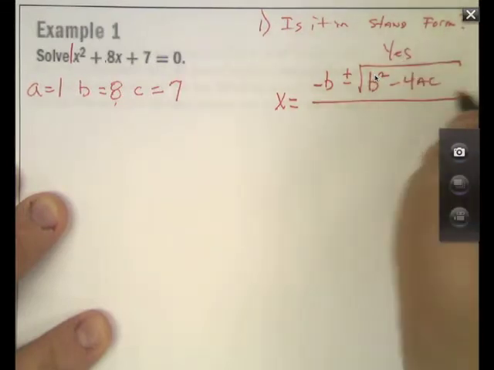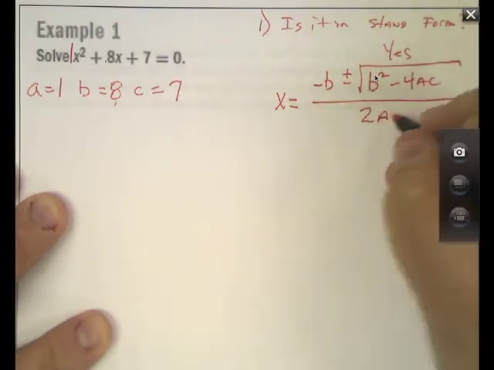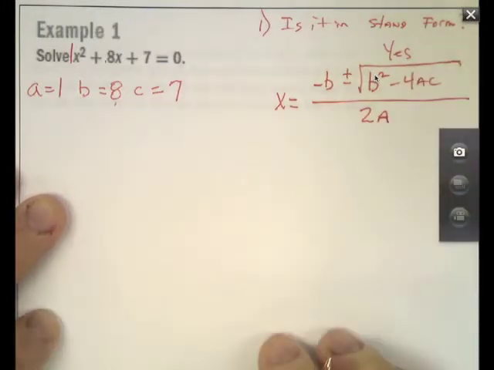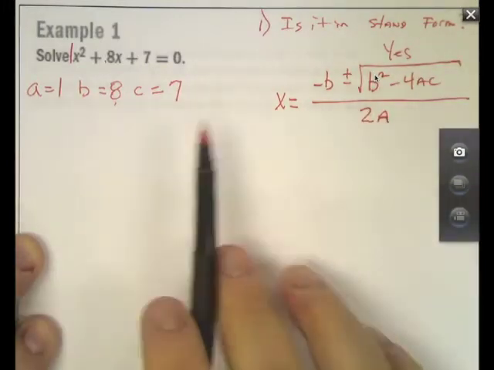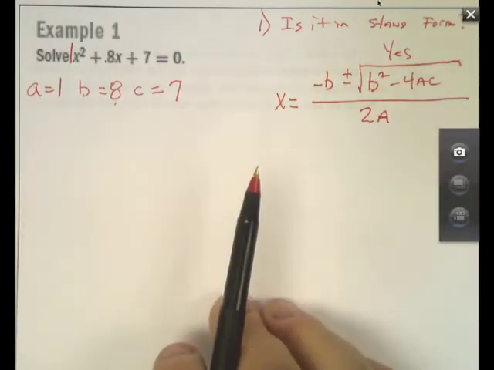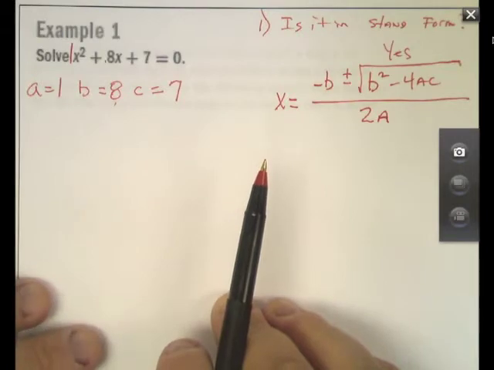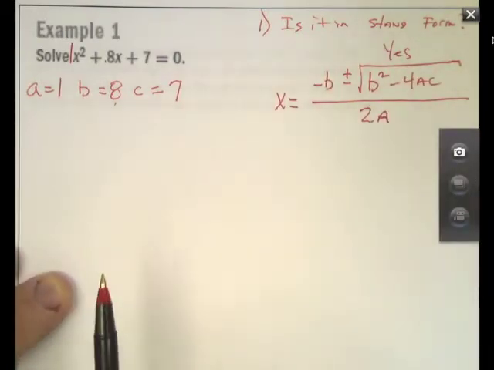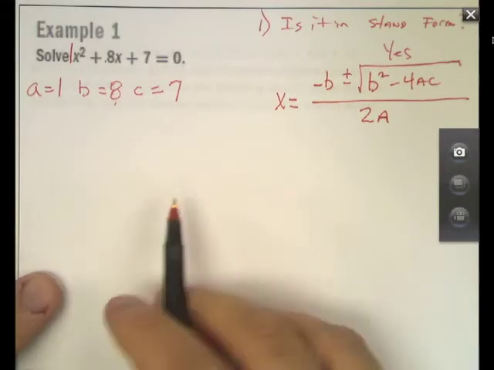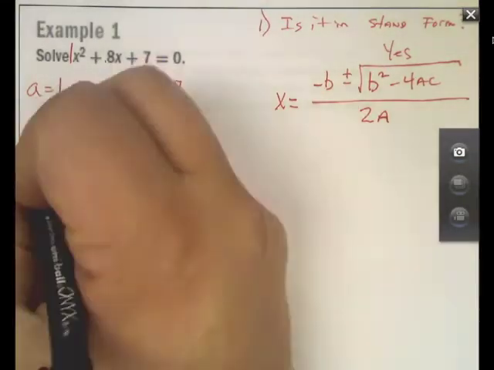Now that I found my A, B, and C, I plug them into my quadratic formula: negative b plus or minus the square root of b squared minus 4ac, all over 2a. Okay? So now it's just a matter of plugging these numbers in, doing my math step by step, slowly, to get my answer. Do not type this all in your calculator at once. You're going to do something wrong and it's not going to follow the order of operations. So watch how I do this.